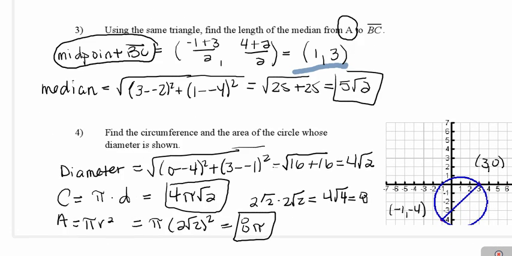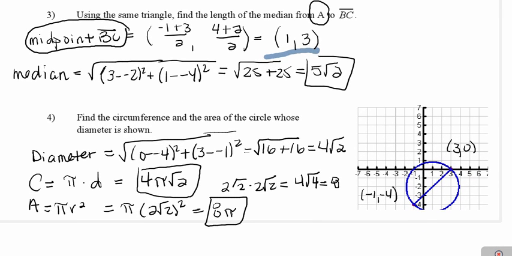The last one, example 4, asks you to find the circumference and the area of the circle whose diameter is shown. So first we want to find the length of the diameter using the distance formula between the 2 points given, so that would be (3, 0) and (-1, -4).